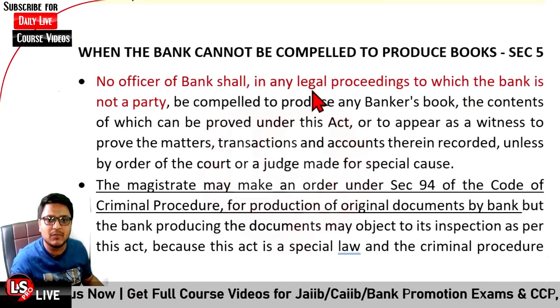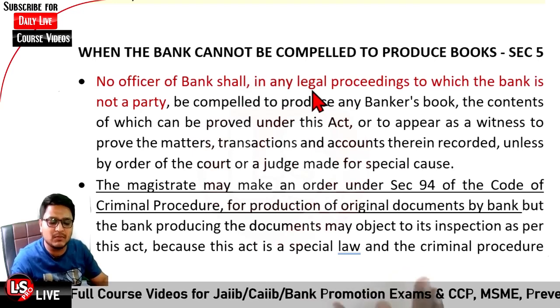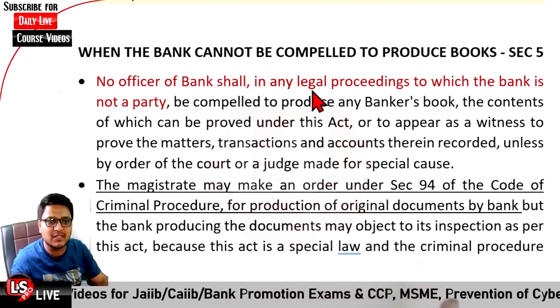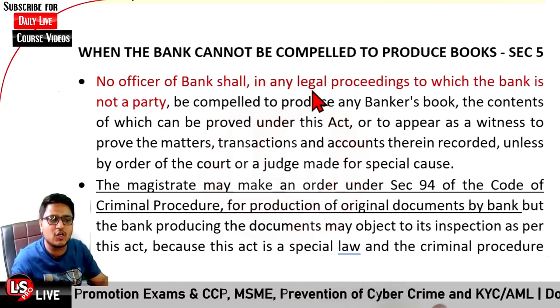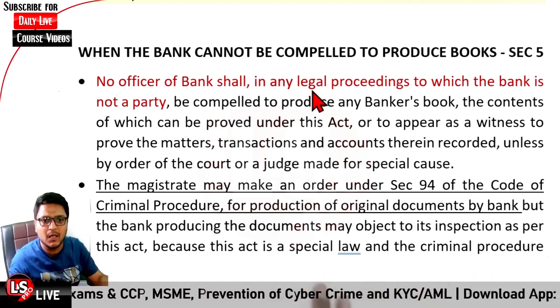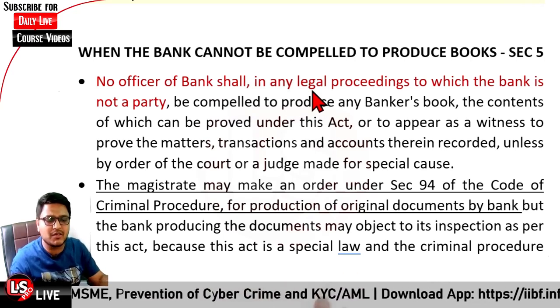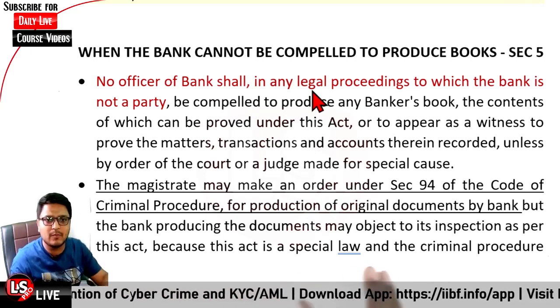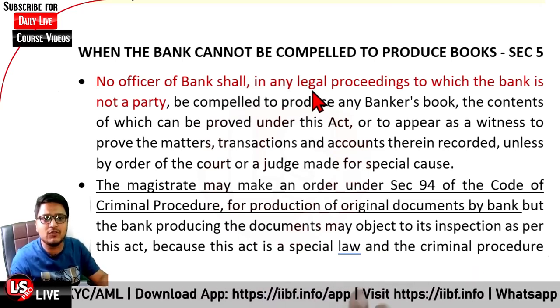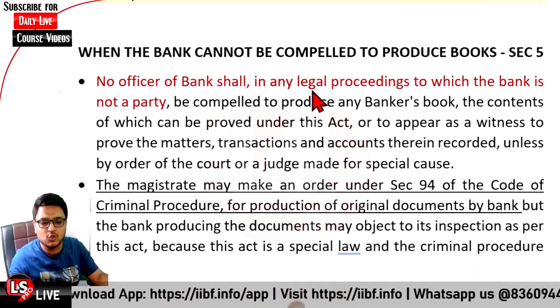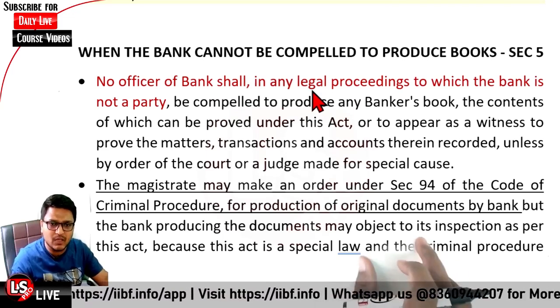Further, the magistrate may make an order under section 94 of the CPC for production of the original documents by a bank. But the bank producing the documents may also object to its inspection.